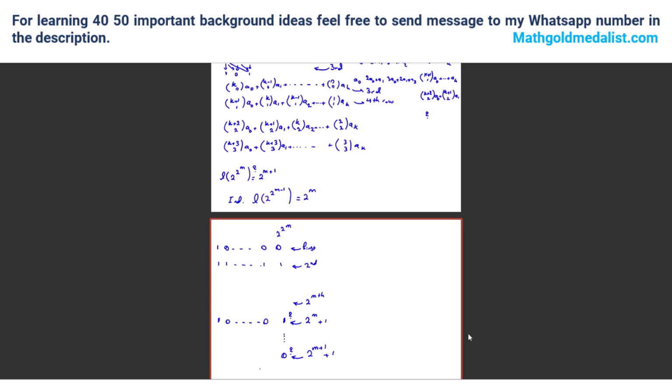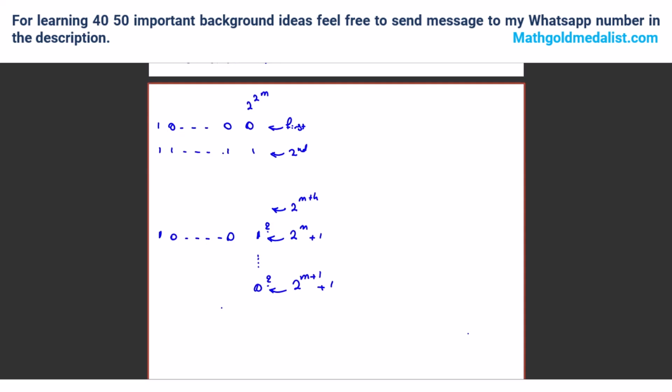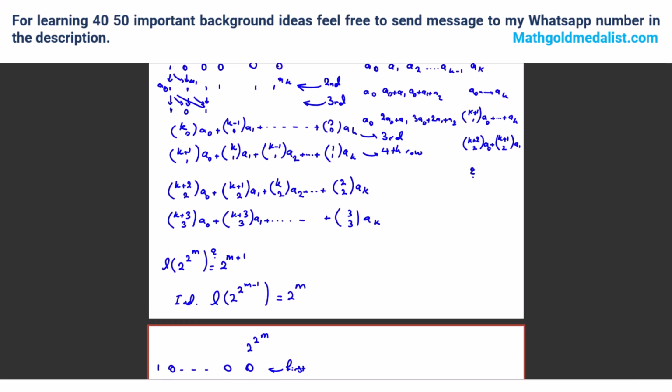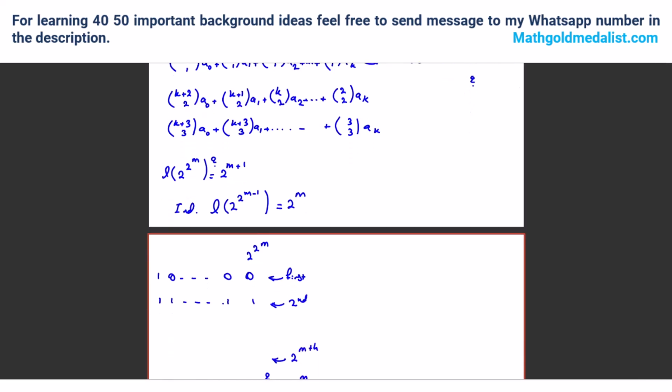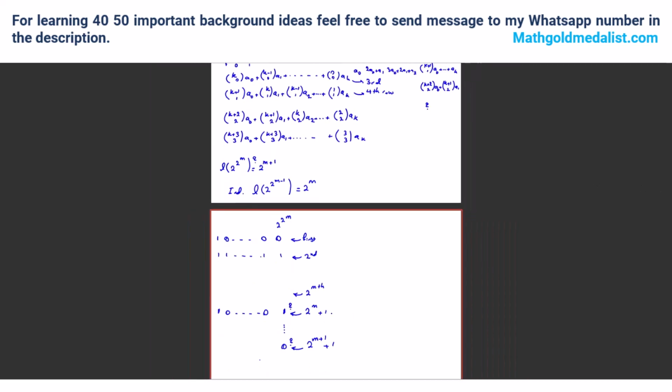Can you continue? Okay, sure. So here, let's consider, say we said second row is what? Third row, fourth row. Now 2 to the m, this row is what?